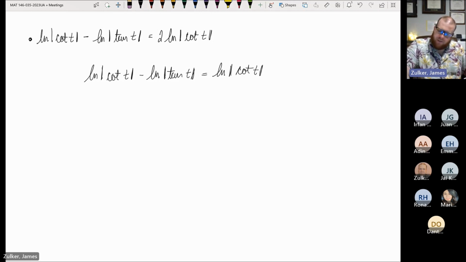So what I'm going to do is write this as a plus and treat this as a -1 coefficient, right? So what winds up happening is this tangent of t gets raised to the -1 power.